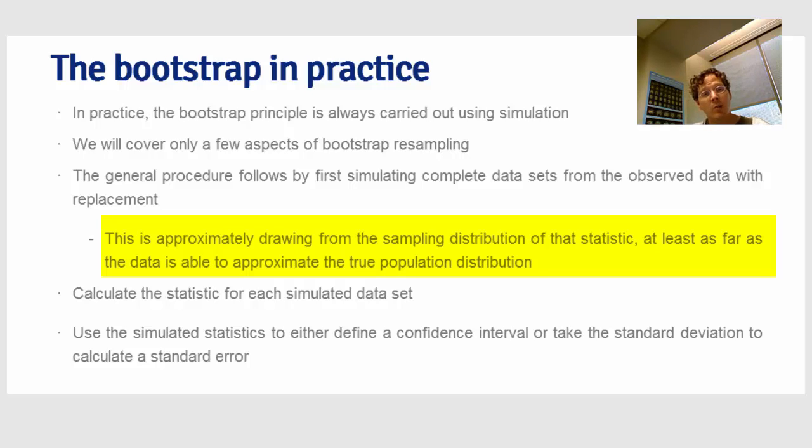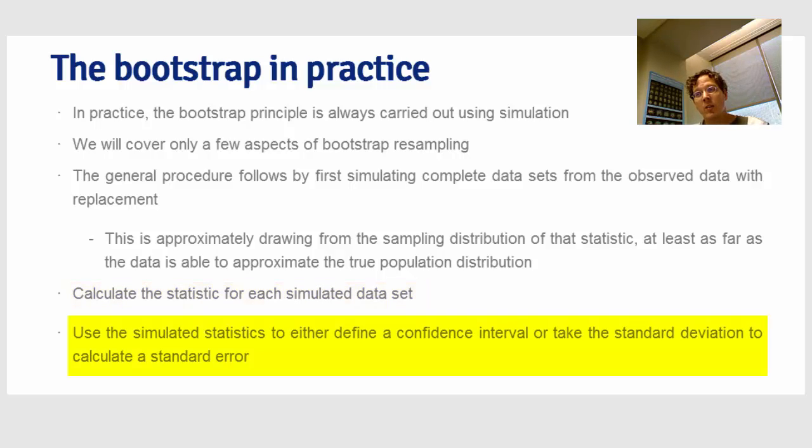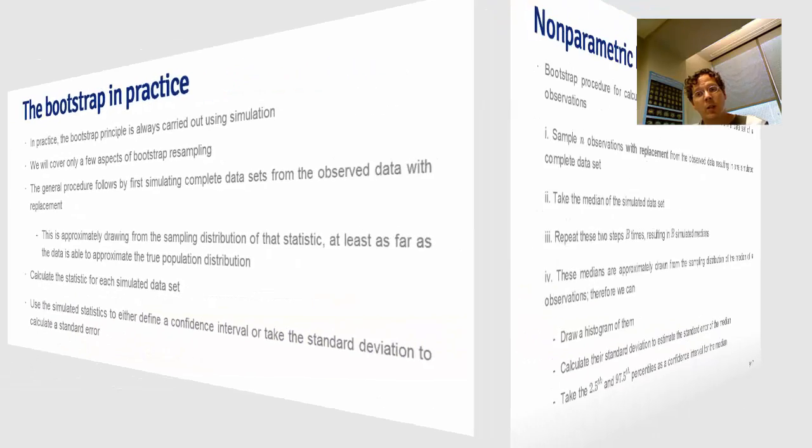This is approximately drawing from the sampling distribution of that statistic, at least as far as the data approximates the real population distribution. So just as a reminder, we're going to calculate the statistic for each simulated data set, and then we're going to use these simulated statistics to either define a confidence interval or to take the standard deviation of this distribution in order to calculate a standard error.